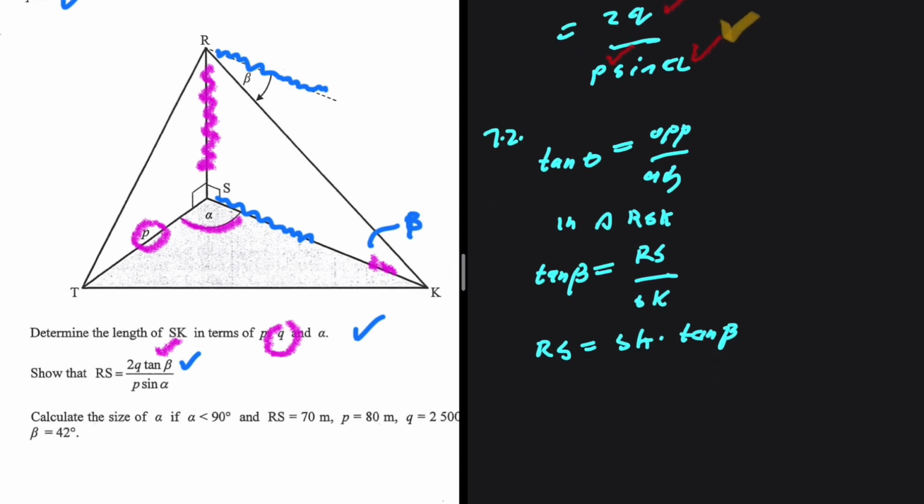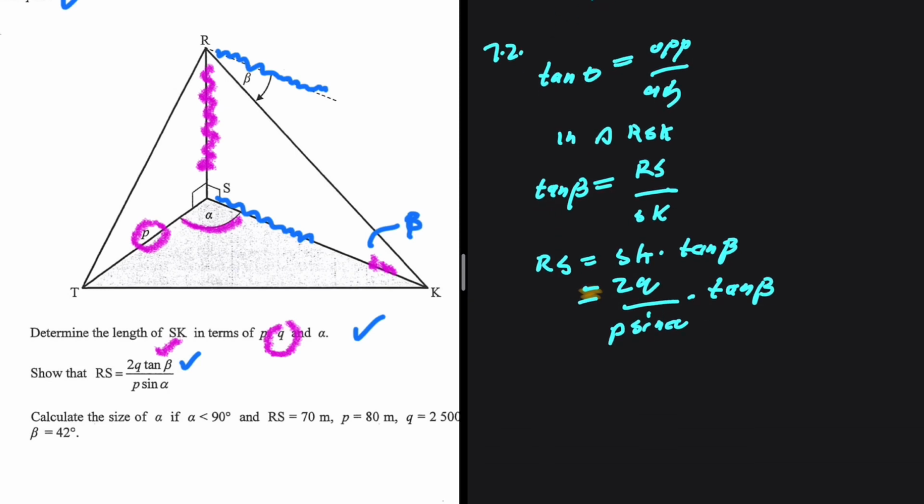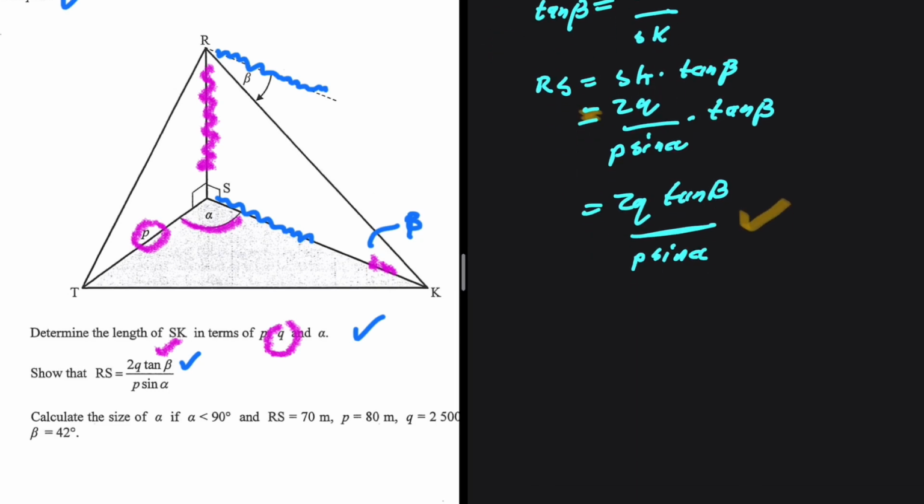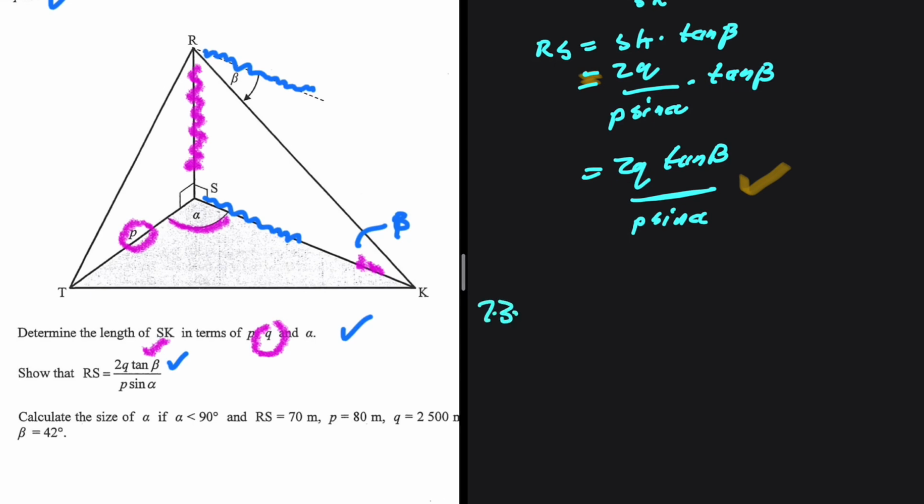If we replace SK with that, we have 2Q divided by P sine of alpha multiplied by tan of beta. So this is just equal to 2Q tan of beta divided by P sine of alpha. Exactly what we are required to show. That is 7.2. Let's take a look at 7.3.